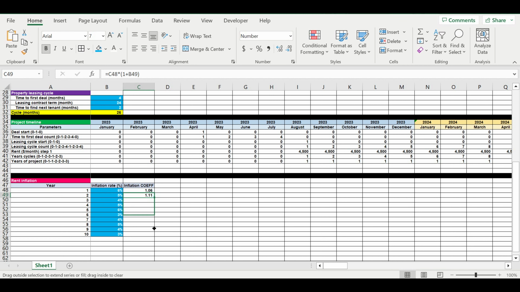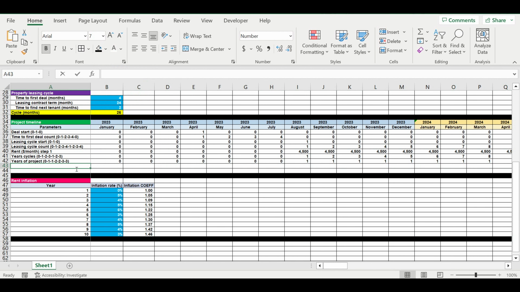Now I will extrapolate these formulas to the bottom, and here I have the list of inflation coefficients for the revenues. For example, I have no inflation coefficient for the first year. Then I'm closing this table.